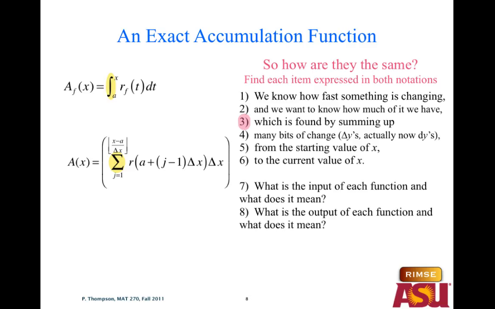Right. Changes in y we found through constant rate of change as rate times change in independent. That's what we worked on so hard, right? So a change in your y, a change in your accumulation, is found by taking the constant rate of change times a change in your independent. That's how we get a bit of change. And in the second one, we see it as r of that whole thing. Don't let this confuse you.